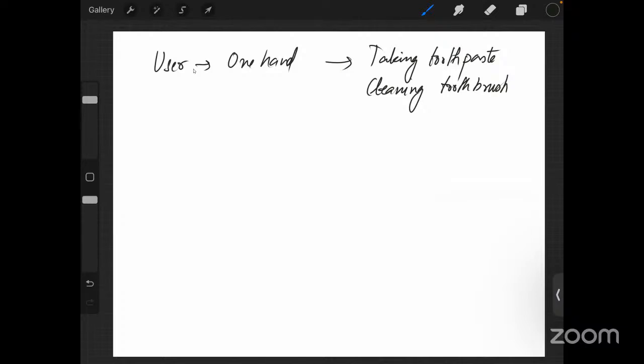Now, what we did was to understand the problem. Once we understand the problem clearly, we can start ideations. One major thing over here is taking the toothpaste. I'm scribbling, doodling those ideations.